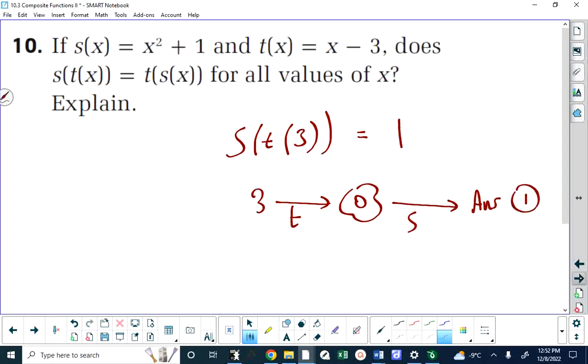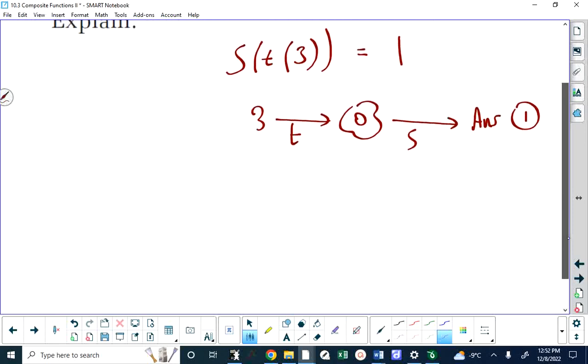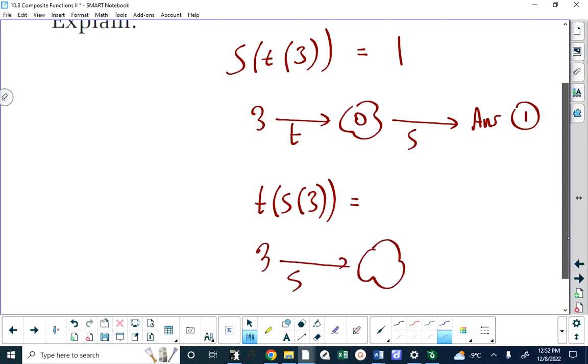I could as well, if I wanted to, figure out what t of s of 3 is equal to. This, of course, means I put 3 through s, get a result, and that result goes through t, and I get an answer.